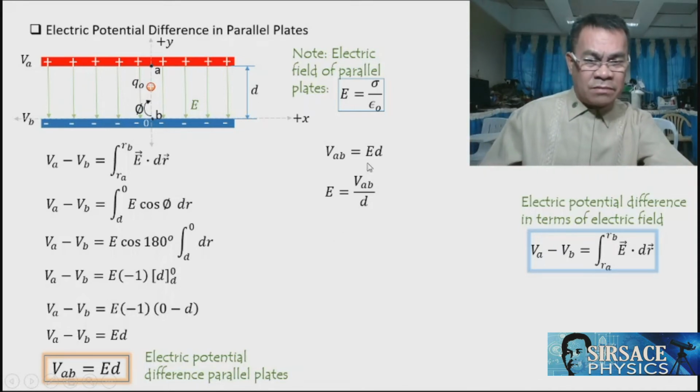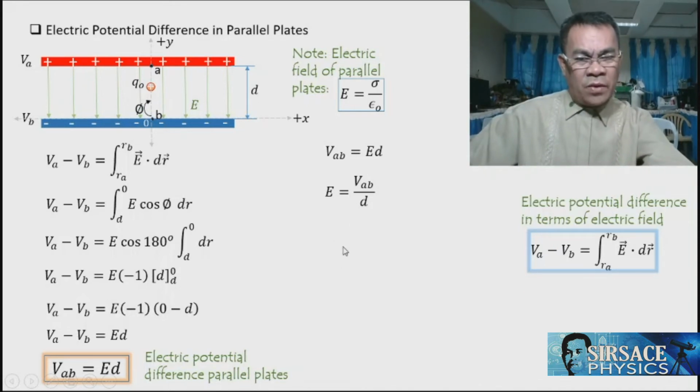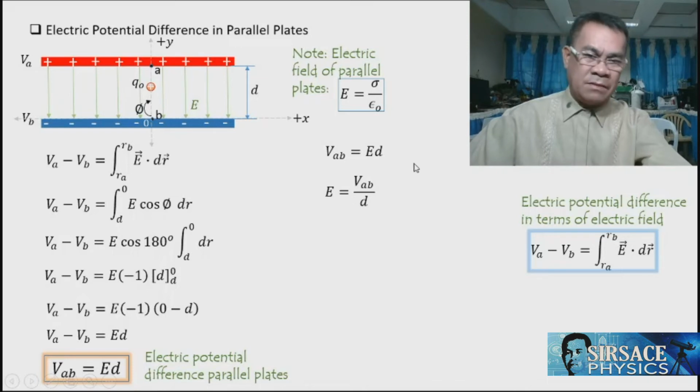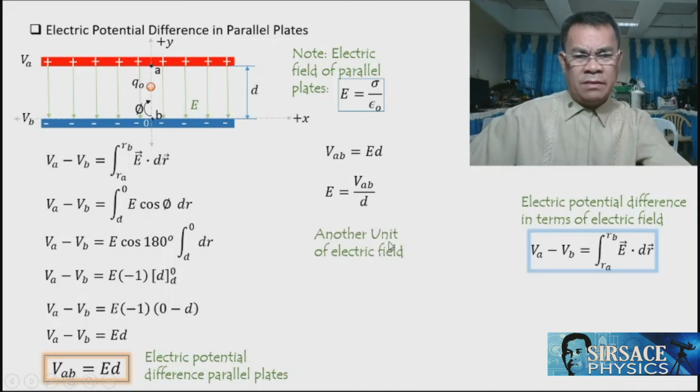Okay, look at the result. Now, what will be the unit of electric field if we use this formula? What's the unit of potential? This is volt, and this is meter. So therefore, we have another unit of electric field.